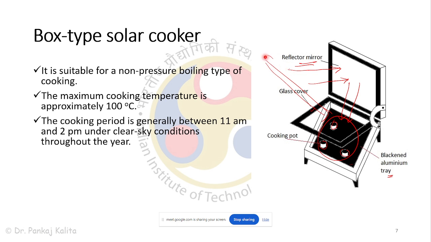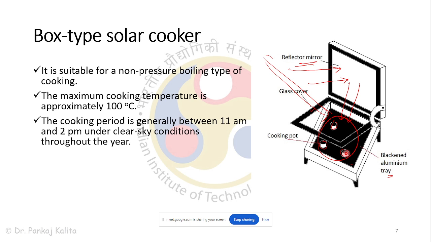As the solar rays fall onto this reflector mirror, they get reflected through this glass cover onto your pots, and some direct radiation also falls on this glass cover and then onto the pots that you have kept. So this is a very simple application.